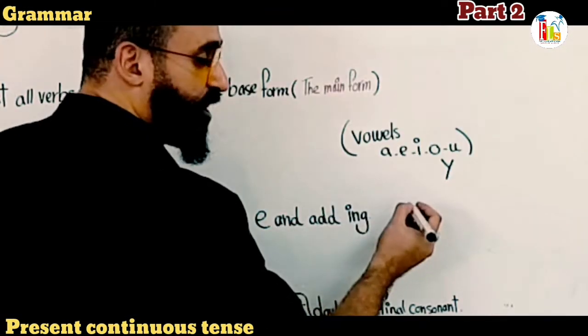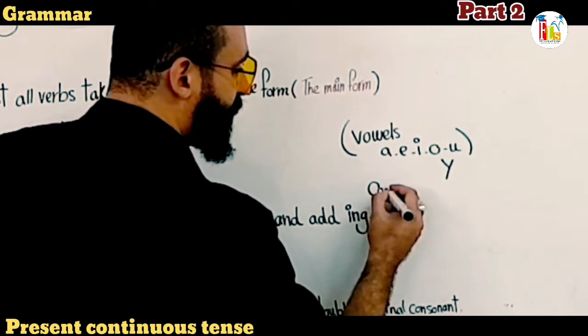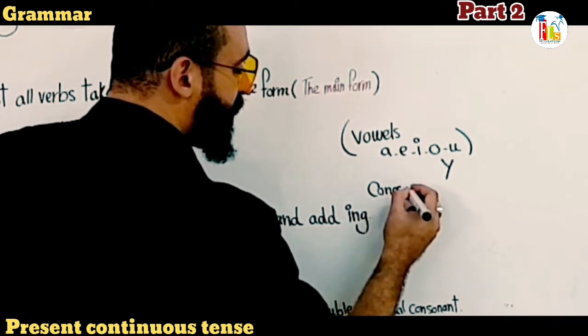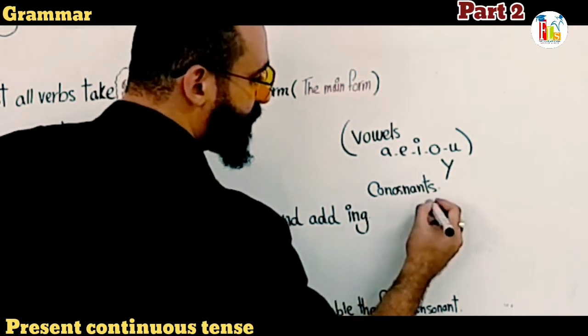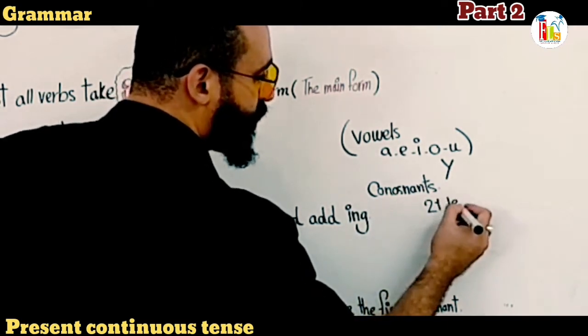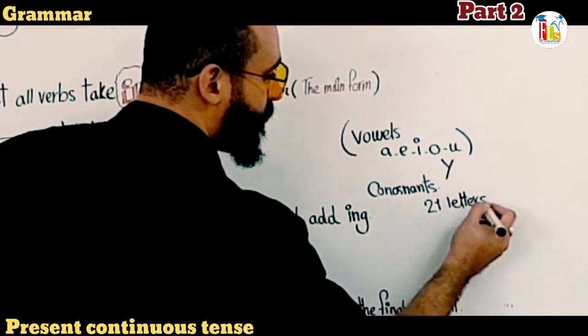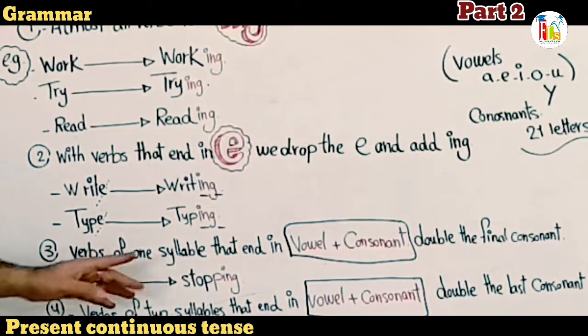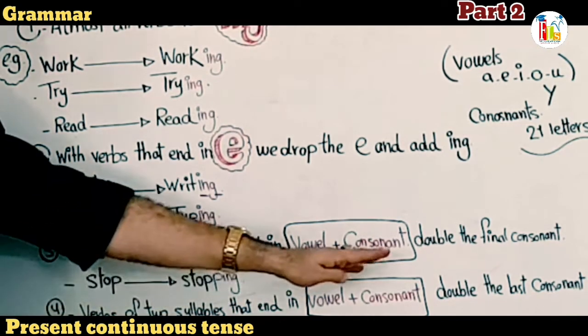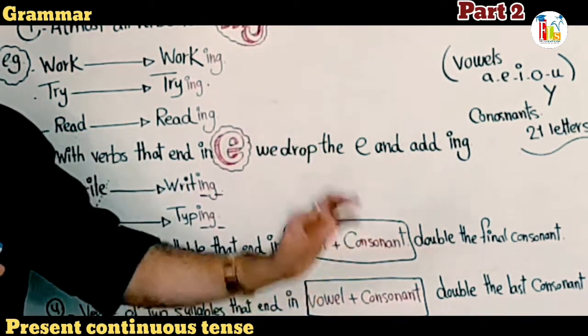Okay, so what about the consonants? The consonants are the 21 remaining letters. So back to the rule, verbs of one syllable that end in vowel plus consonant, we double the final consonant.